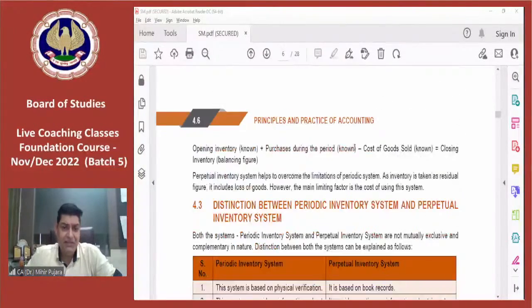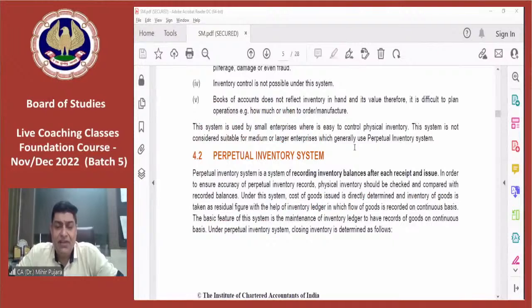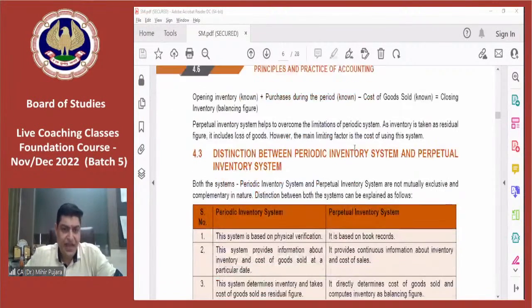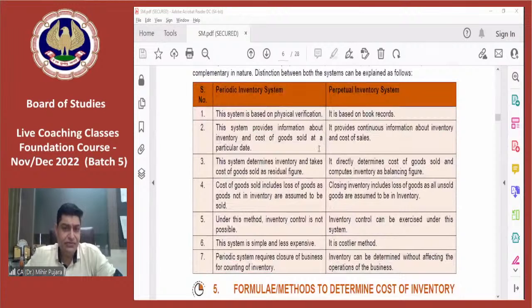Perpetual inventory system is one in which we are recording the transactions. We have registers, we have records, so we have book records. And this is the difference between these two. The first is that this system is based on physical verification, because in periodic inventory they don't prepare any ledgers, registers and accounts. In perpetual, they are keeping book records, so it's better.